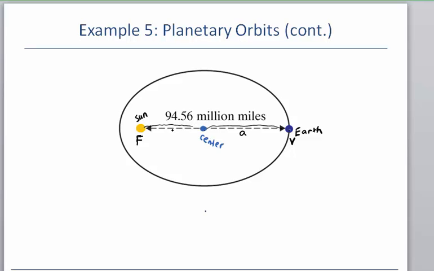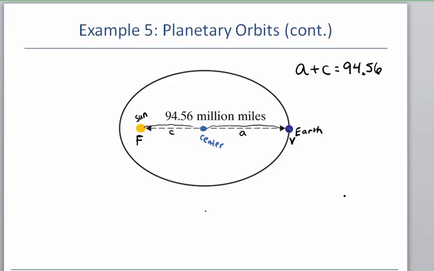So basically what we have here is an equation that can be written. We could take the A plus the C, and we should have that equaling 94.56. So we want to keep that in mind, that that is one equation that relates focus to center to vertex to that 94.56 million miles that we were given.